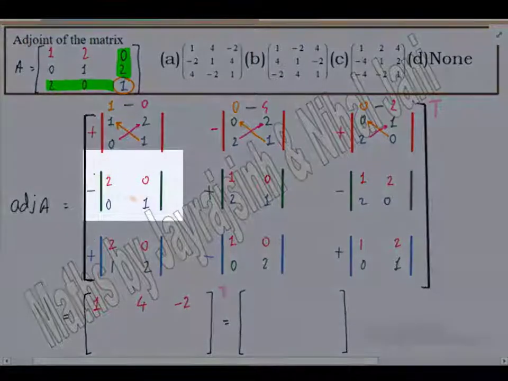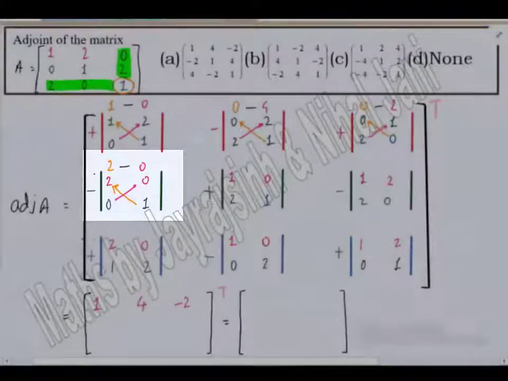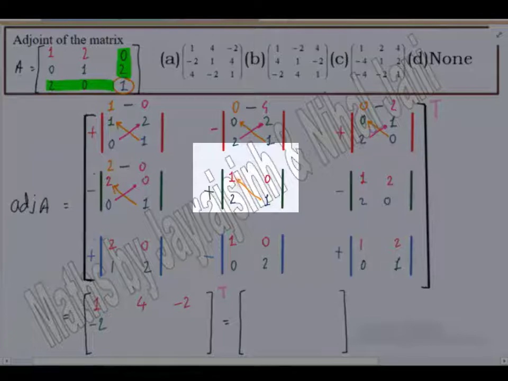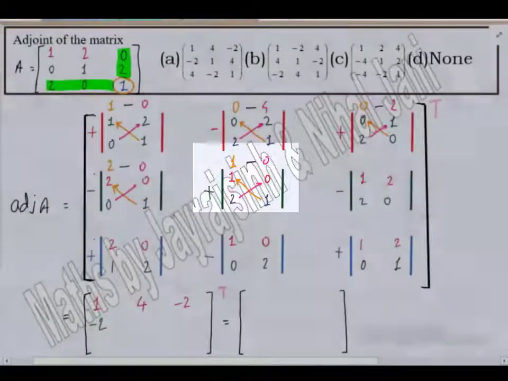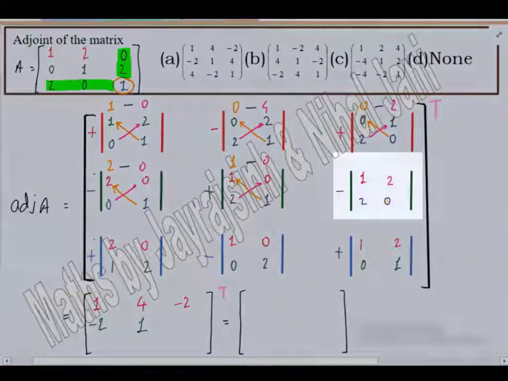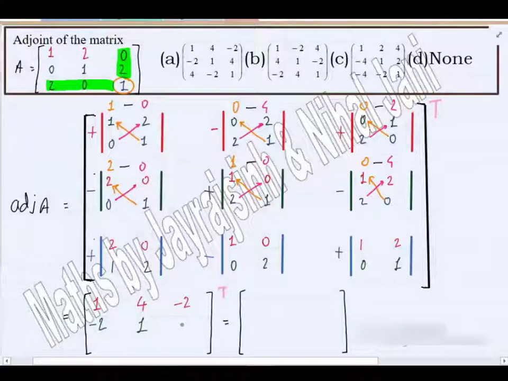Now we should move to the second row. 2 minus 0 with negative sign will give us minus 2. 1 minus 0 with positive sign will give us 1, and 0 minus 4 will give us minus 4, but with negative sign we get plus 4.